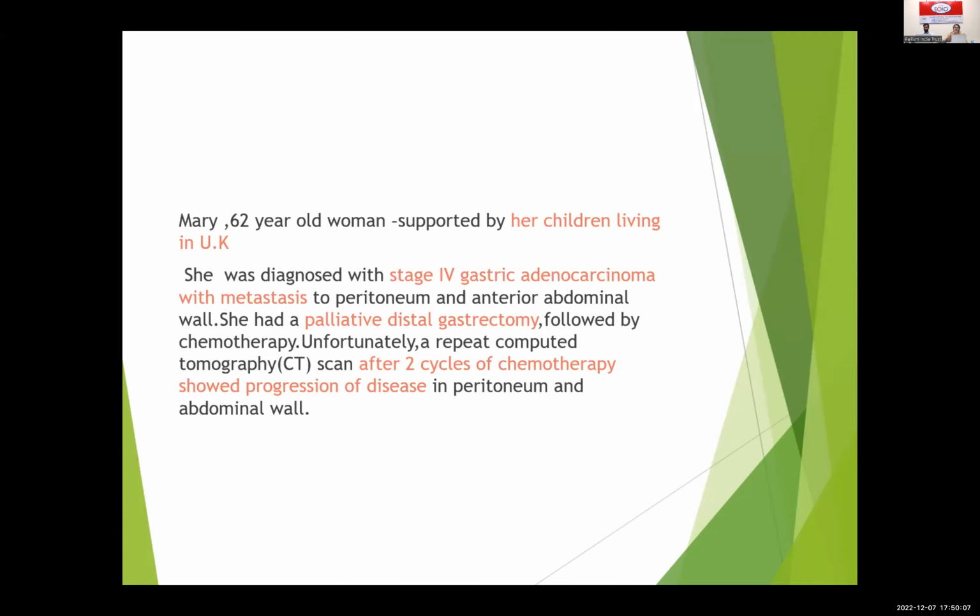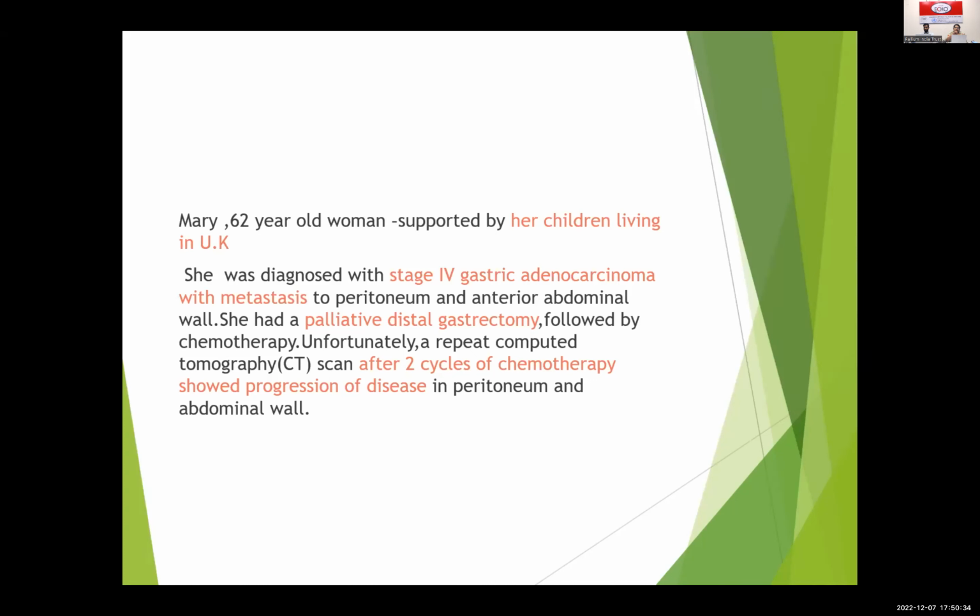Unfortunately, a repeat CT, taken after 2 cycles of chemotherapy, showed progression of the disease in peritoneum and abdominal wall. So here she is having stage 4 gastric carcinoma and a poor prognosis.